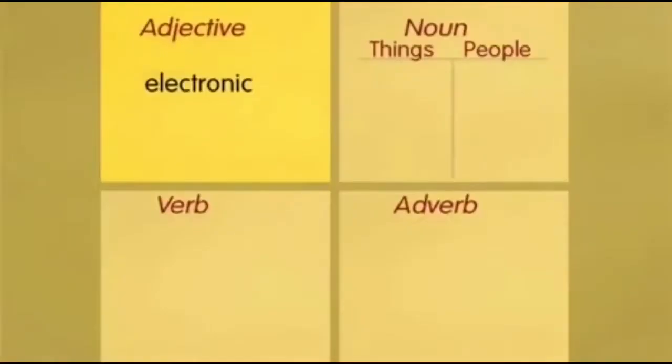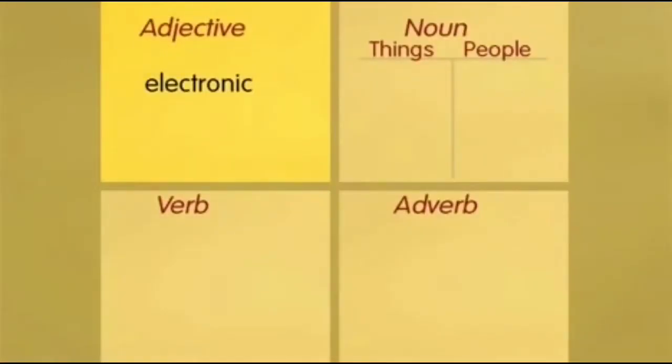He uses the phrases electronic crime and committed electronically. Notice that electronic, the adjective, comes before the noun crime, but that the adverb electronically comes after the verb committed. Let's look at the table again.